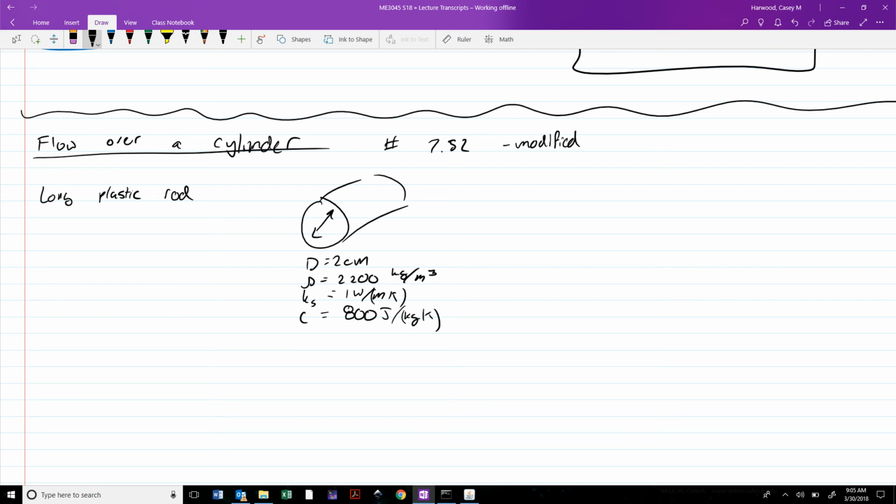All right. So this thing has been cooled down following it being sprayed with some coating. And the idea is it's sitting there at an initial temperature of Ts equals 5 degrees Celsius.